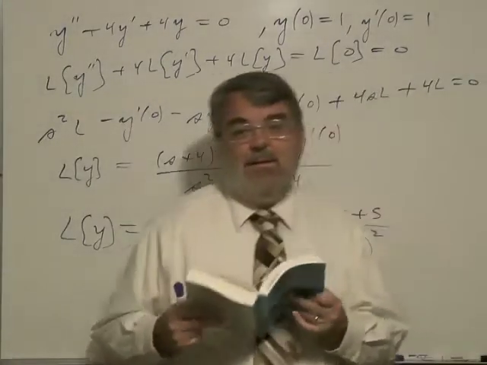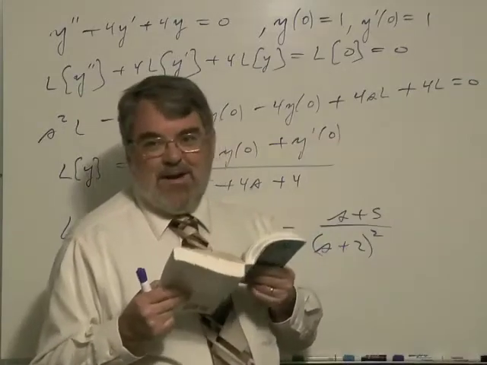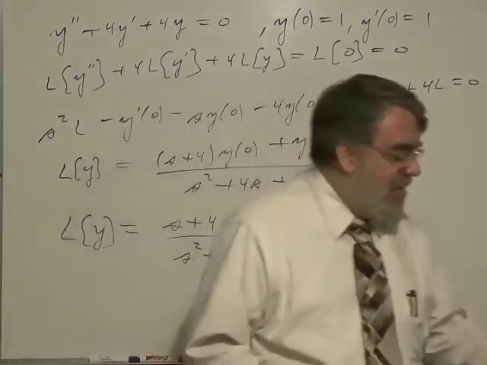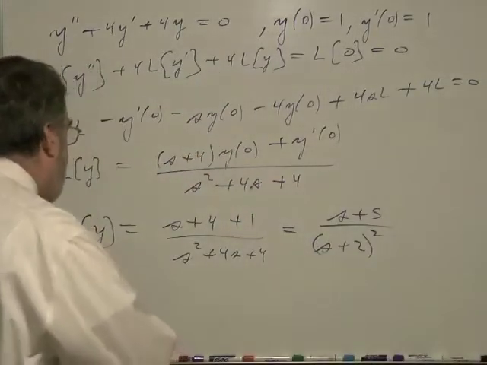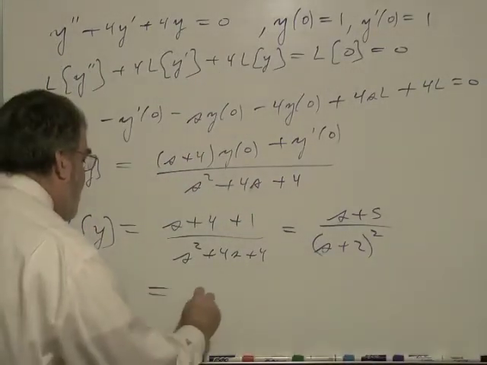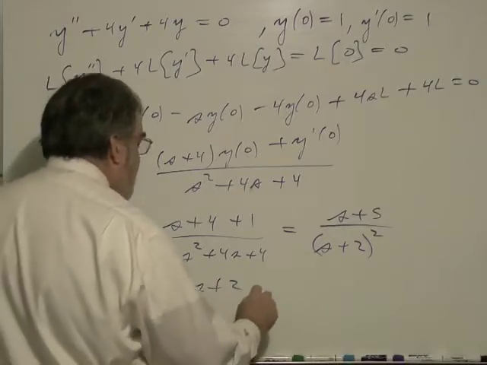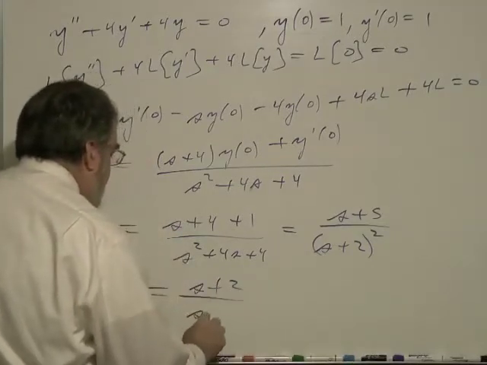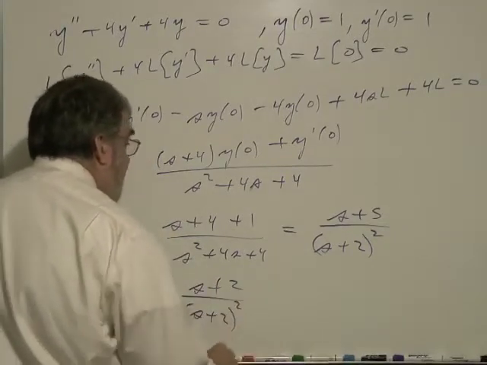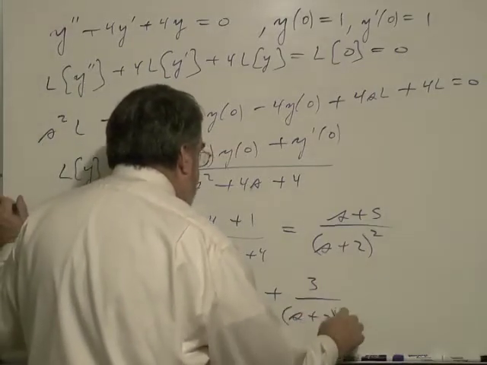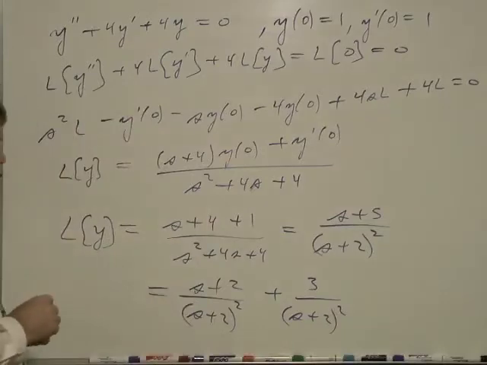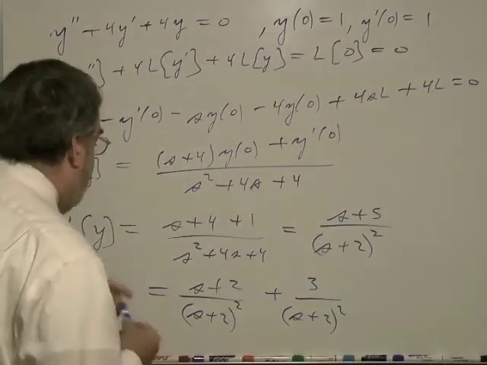There's not a Laplace transform exactly like that in our table, but we can get there by splitting this up. And so I'm going to rewrite this as s plus 2 over s plus 2 squared plus 3 over s plus 2 squared. And you'll find that this is the way to go with this.